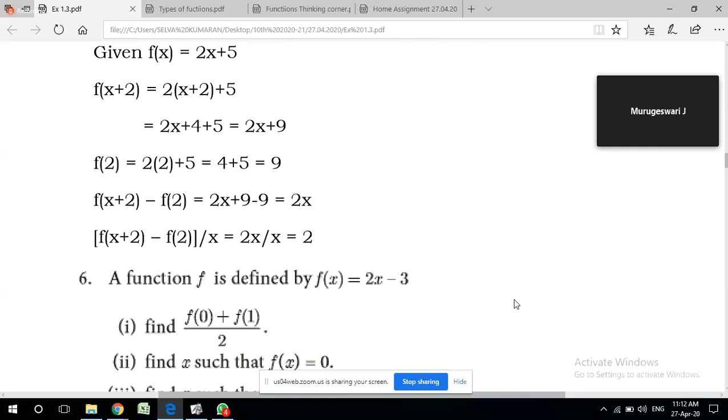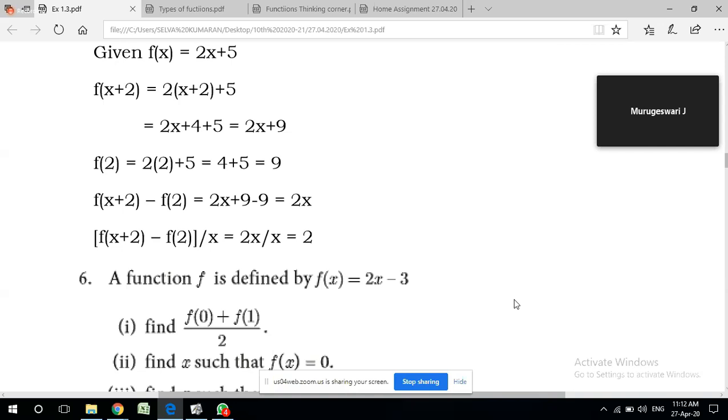The same method, the sixth sum also solved. So in sixth sum, what is given? F of x equal to 2x minus 3. And first subdivision is f of 0 plus f of 1 by 2. You can find this value. So for that, first you find f of 0 and then f of 1 and divided by 2.